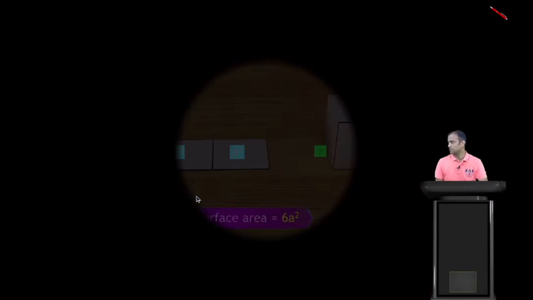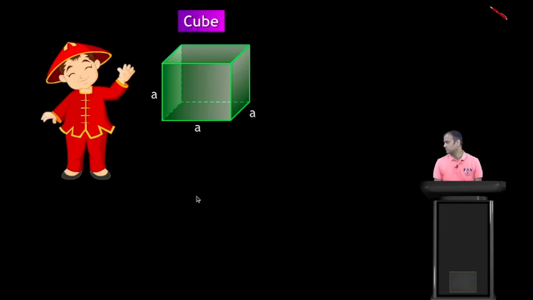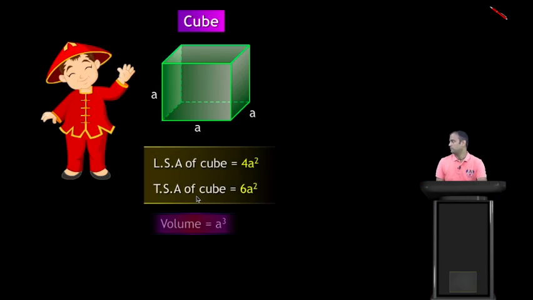Now what is total surface area? We have 6 faces, so the area is 6A square, and then we have volume also. So LSA is 4A square, TSA of cube is 6A square, and the volume is A cube.